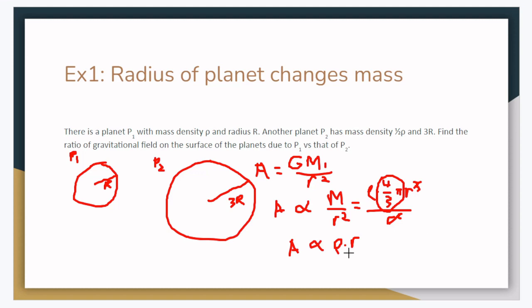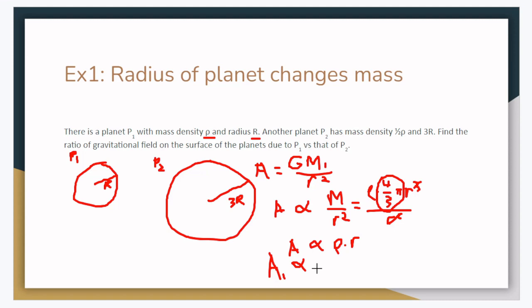So if we proportionally calculate A for P1, the mass density is rho and the radius is r. That means A1, the gravitational field of P1, is proportional to the rho times the radius, which is r.